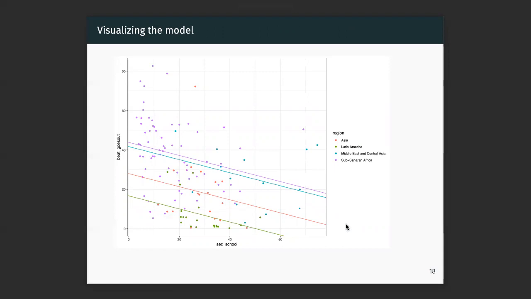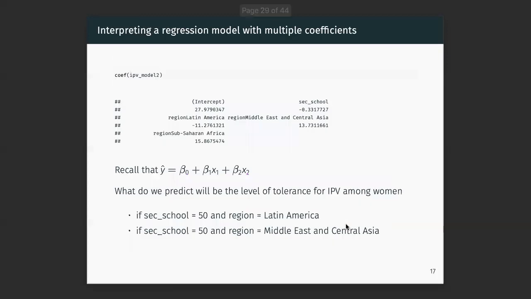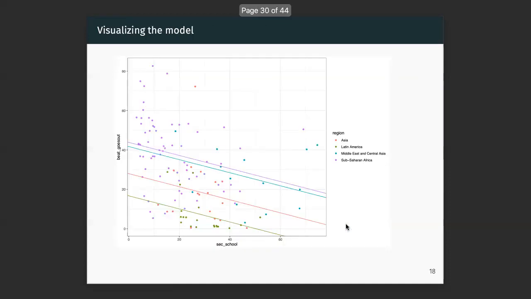These lines are parallel. They differ from each other by the sum of the intercept and their estimate. So the effective intercept for Latin America is 28 minus 11, 17, right? So let's look at where it falls. Latin America, right there, 17. Asia, we said Asia was just the intercept.